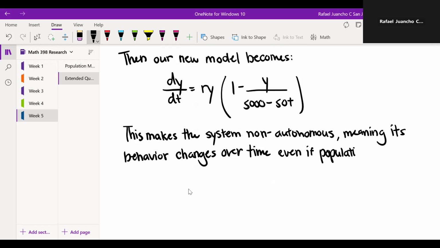So even if I were to make my population size constant, my carrying capacity will still decrease, right?